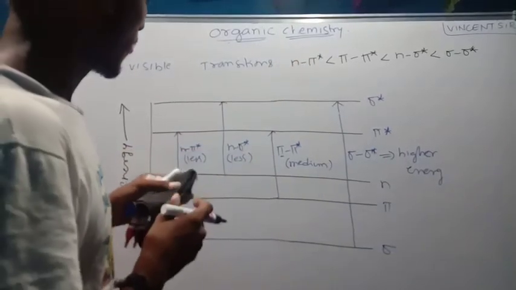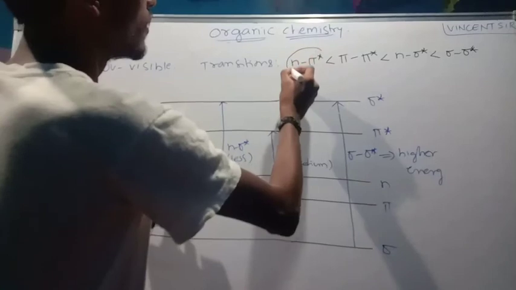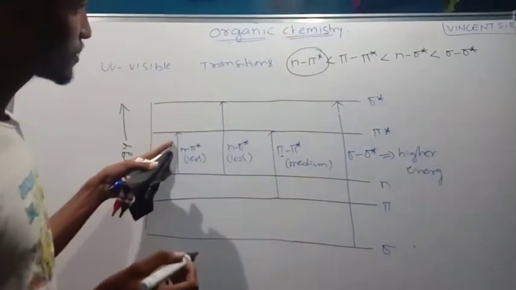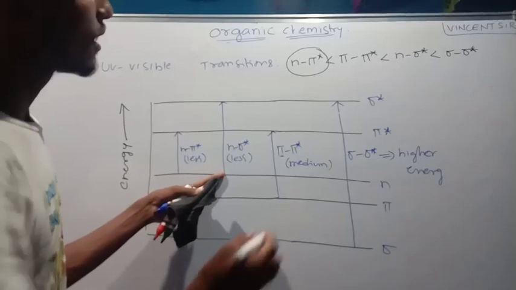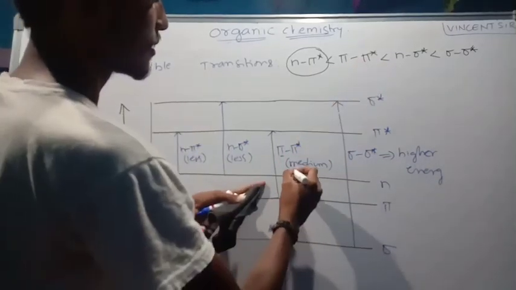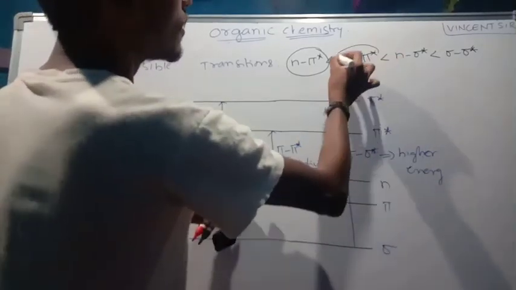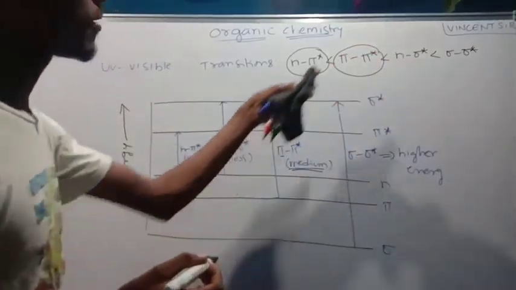Let's see, this portion requires very less energy, and this requires more. Next, pi and pi bonding.